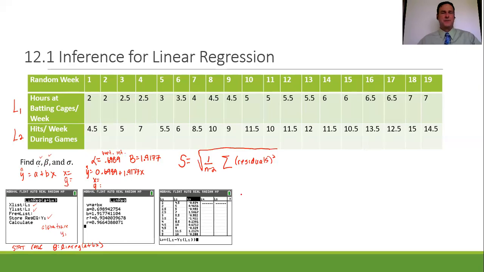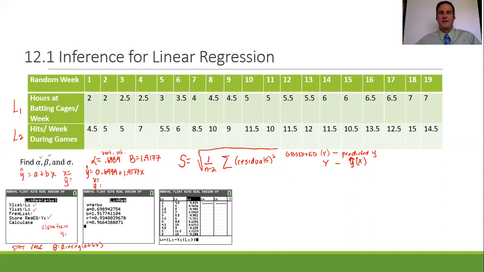If you're not remembering how a residual is found, it's all your observed values. Let me write this over here. When I say observed values, it's your observed y values, minus your predicted y's. I usually like to identify predicted y's with my prediction equation, which is y hat, sorry if that's hard to read, with your respective x value inputted.